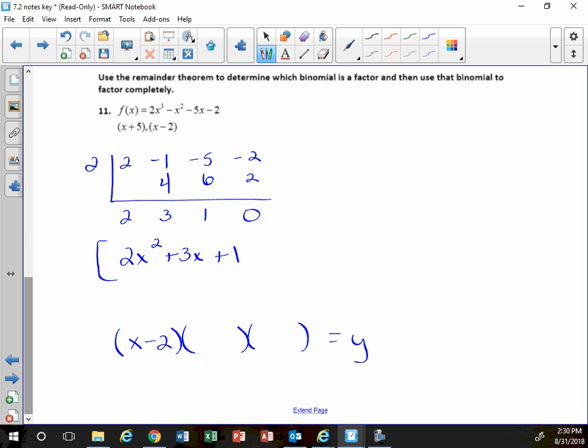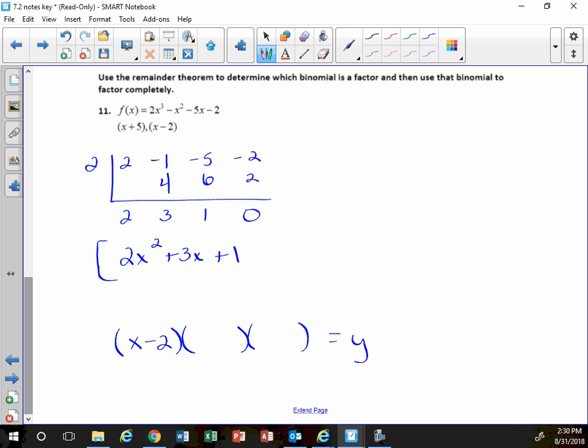You do the box, I did the cross. That's your box. 2x squared, and these are the other two, the 2x, so those get an x with them.